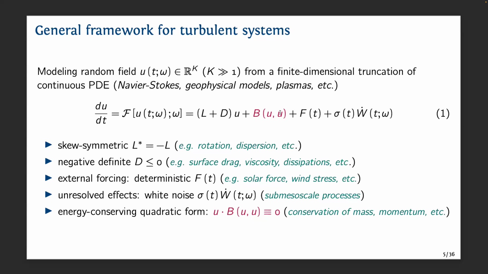And here also we give some simplification. We assume the nonlinearity is this quadratic bilinear term. And this is actually reasonable because if you think about the Navier-Stokes equation, the nonlinearity is from the advection term, the u dot gradient u, right? And that's exactly the quadratic bilinear coupling.